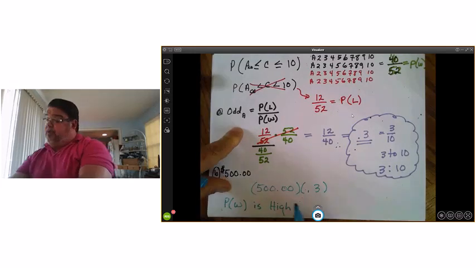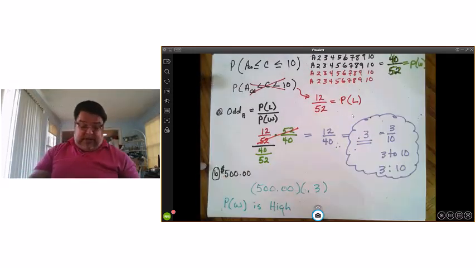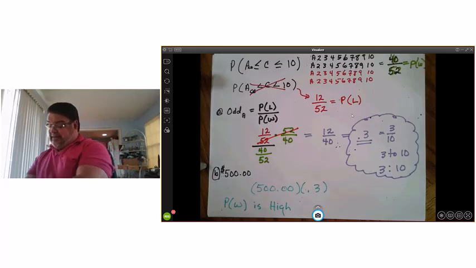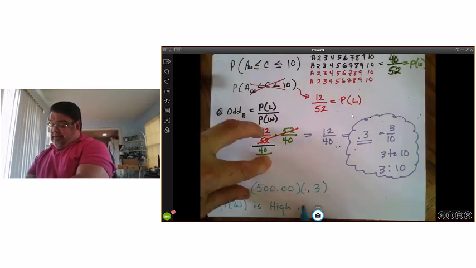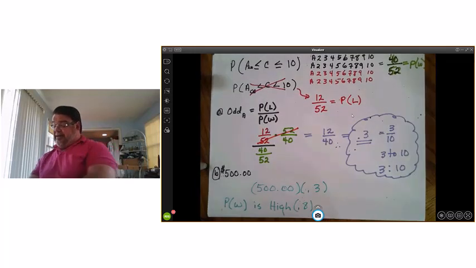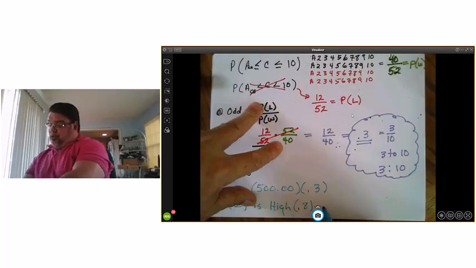Because 40 over 52, what is that? 40 divided by 52. That's 0.8. That's close to 1. So when the probability is high, the odds against will be low.